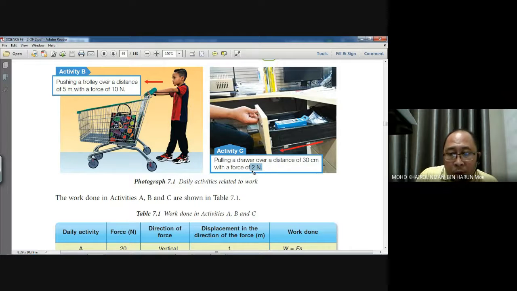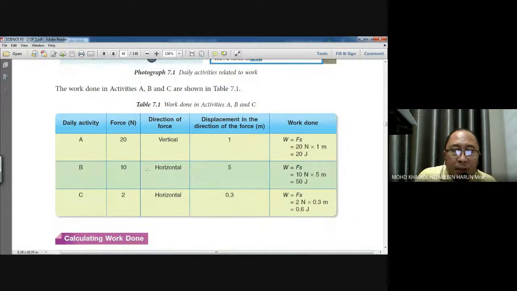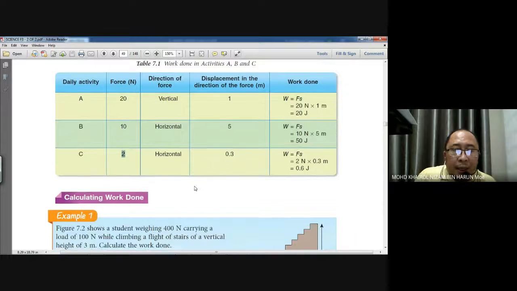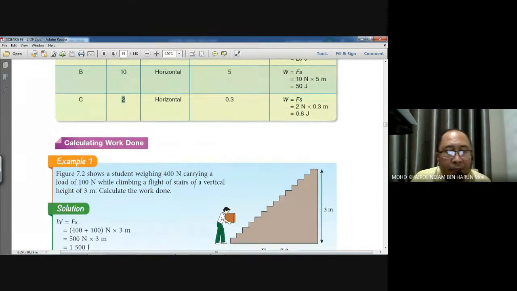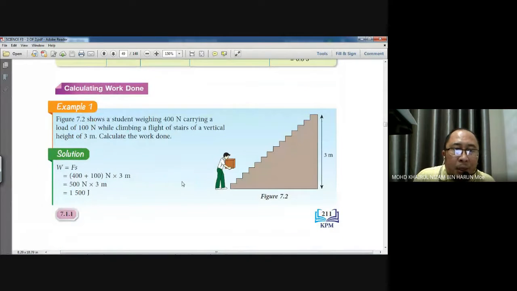So 2 Newton is exactly the combination of the weight of the hand and also the weight of the drawer. That's why only the value of force is given here. We can look into more detail about this from example 1. Try to understand how to calculate work.